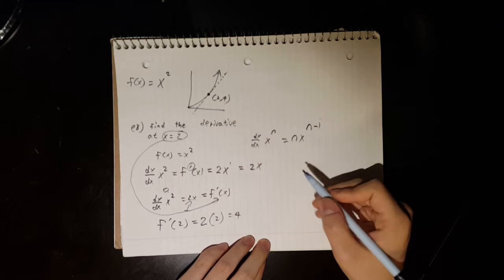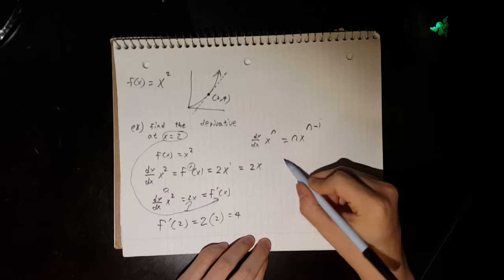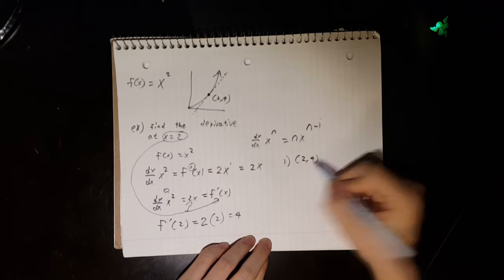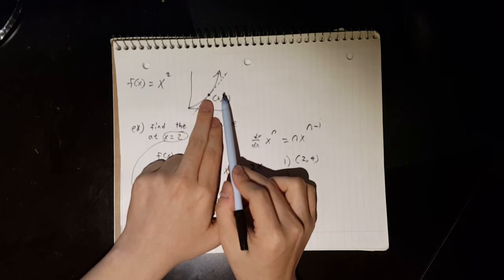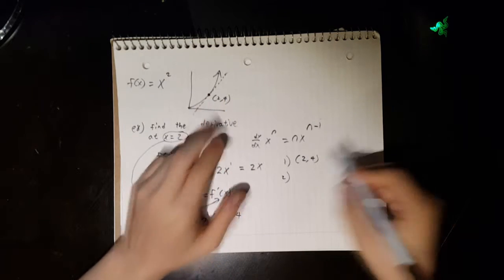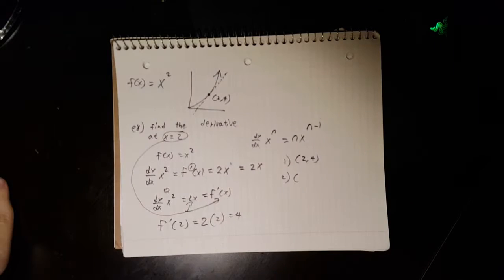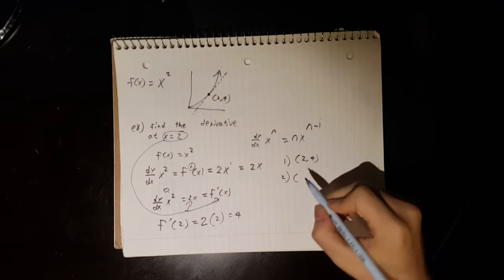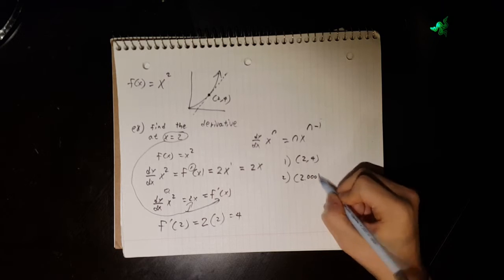We're going to choose 2 points. Point 1 is 2 and 4, and because the delta x, or the difference in x, is approaching 0, we're going to choose a point very, very close to 2, let's say 2.0001.